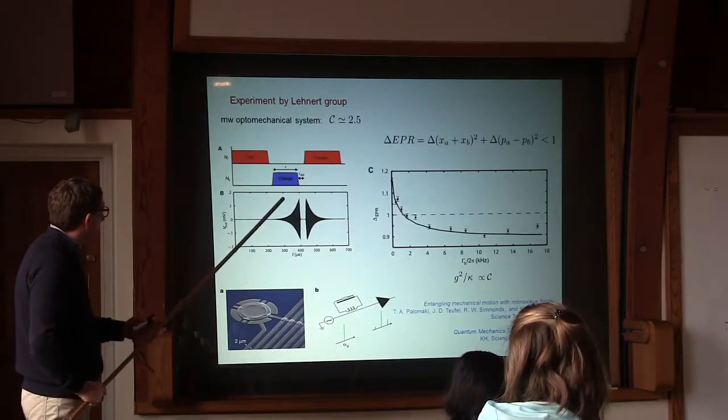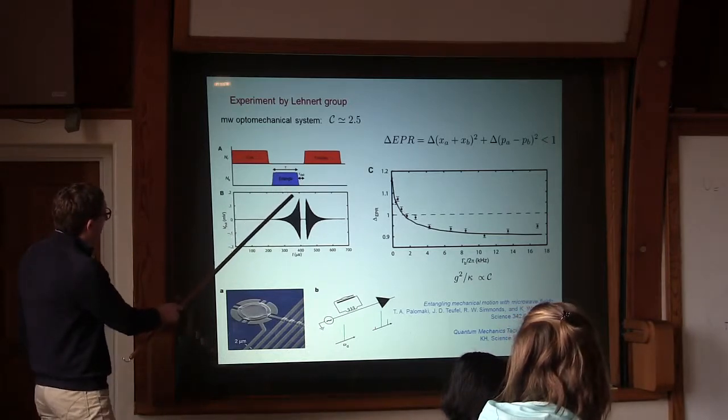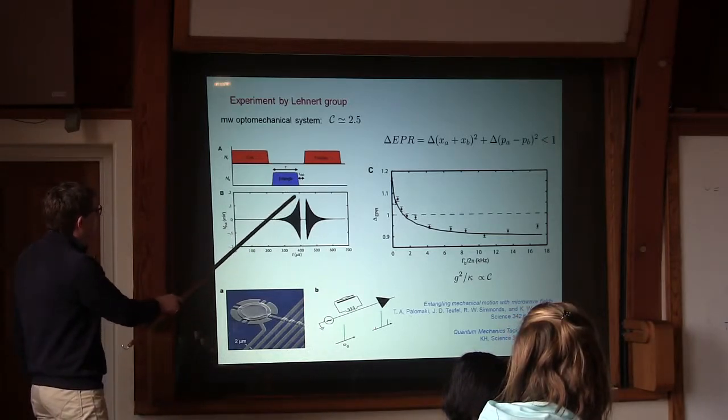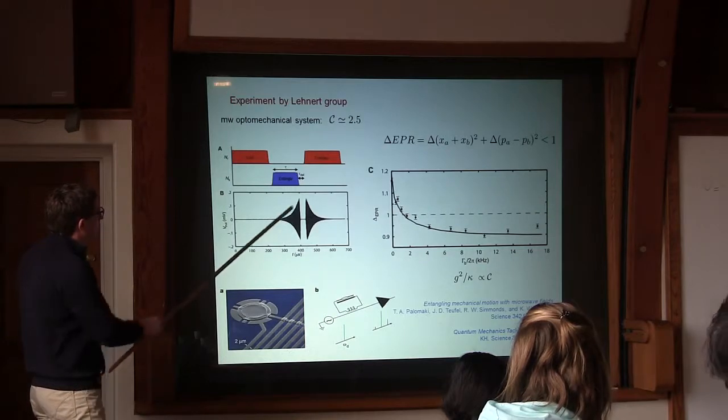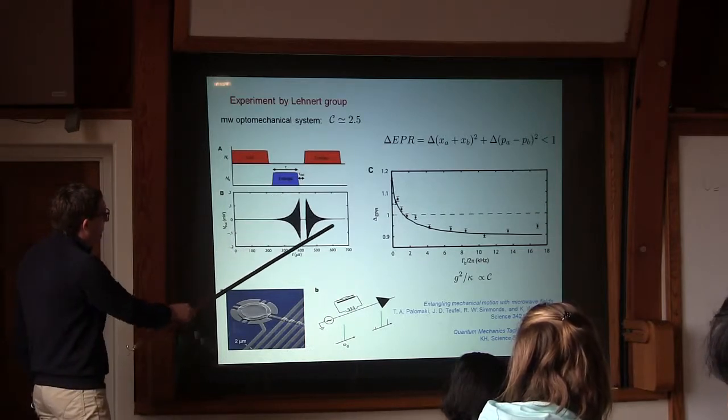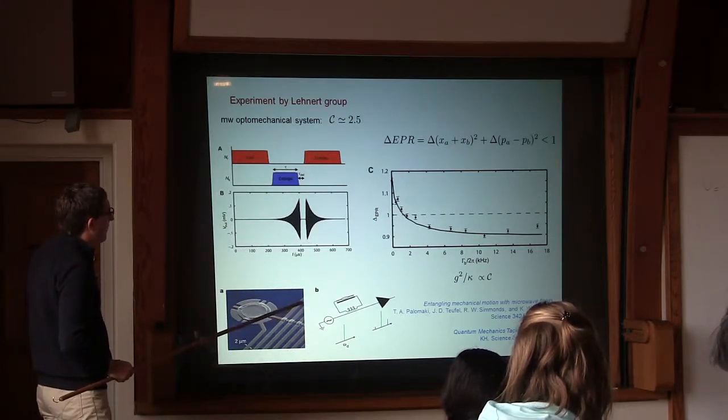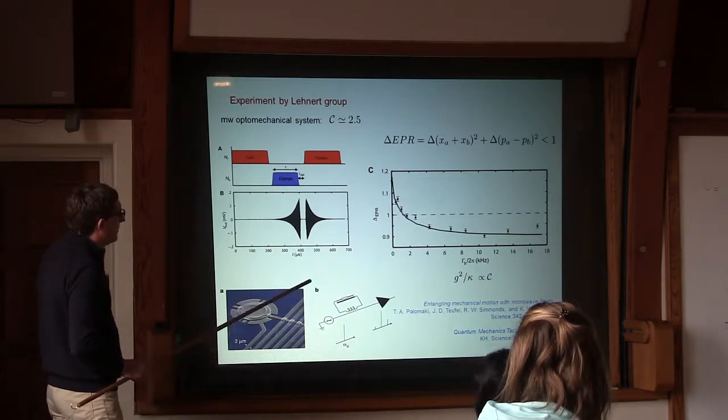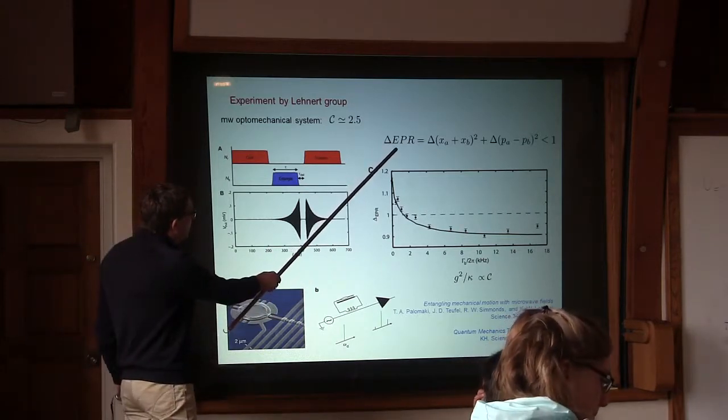And this is the data. The first entangling pulse generates this temporal pulse here. The readout pulse has the opposite temporal shape.